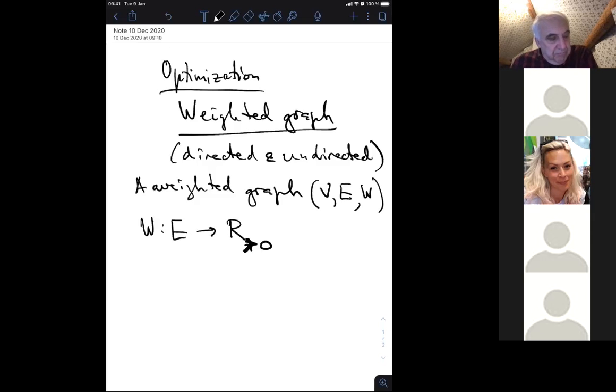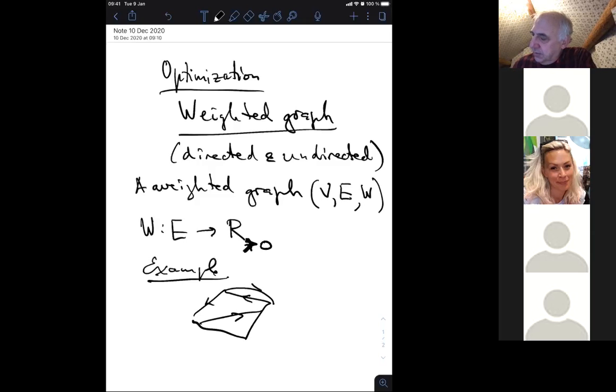Okay, we can draw some simple example. Say we have something like this, and we can assign just numbers. And there is a natural interpretation of those numbers.